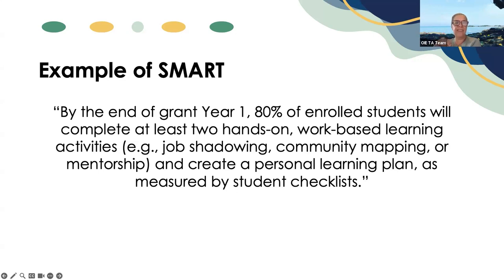Specific, the S, I think it's very specific, and it says 2 hands-on work-based learning activities, and it even lists out what some of those may be, and also provides some real specificity around creating a personal learning plan. Awesome. I see everybody.